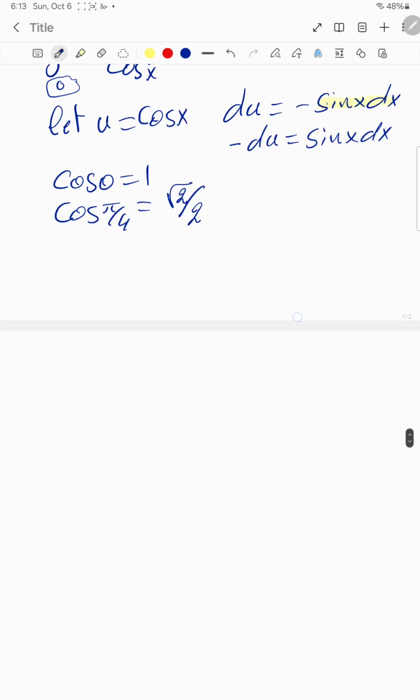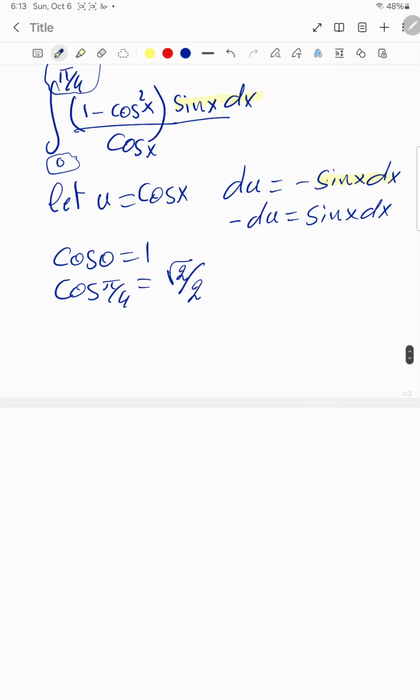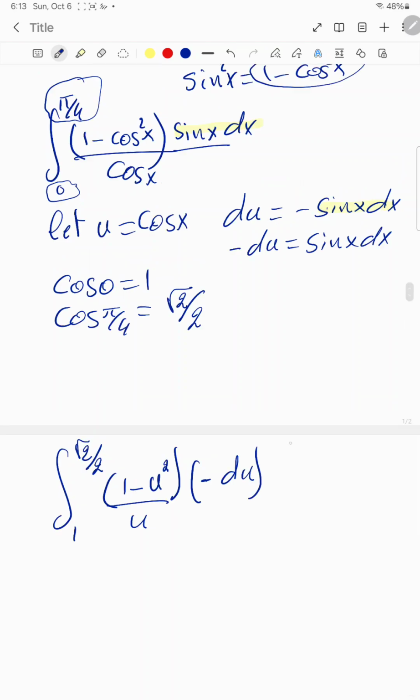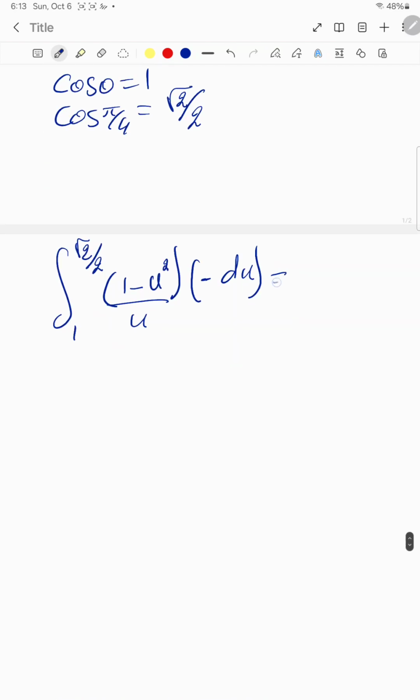So the boundaries of my integral become between 1 and square root of 2 divided by 2, and my integral becomes 1 minus u square, divided by u, times minus du, which is equal to minus the integral from 1 to square root of 2 divided by 2 of 1 minus u square divided by u du.